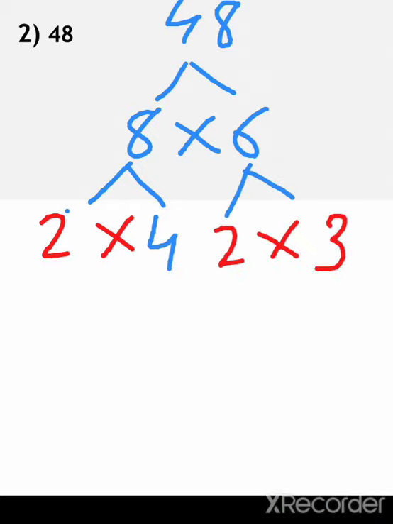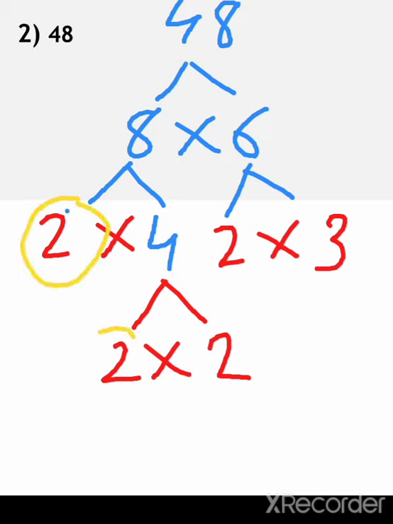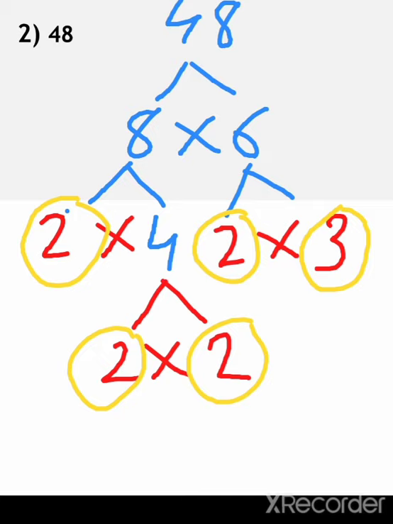I can write 2 threes are 6. Now this 4 I can write 2 twos are 4. So what are the prime numbers I'm getting? 2, 2, 2, 2 and 3. So again I got 4 times 2 and 1 time 3. Any one way you can choose, but my favorite way is going in the ascending order of the numbers from 1 to 9. Next example.